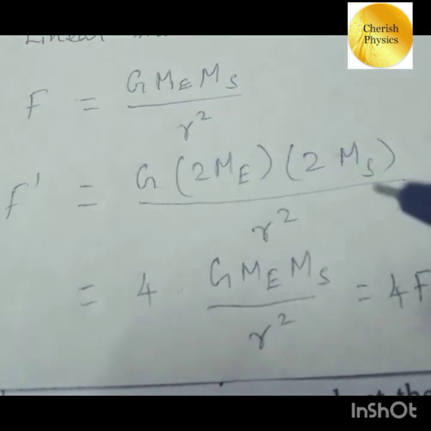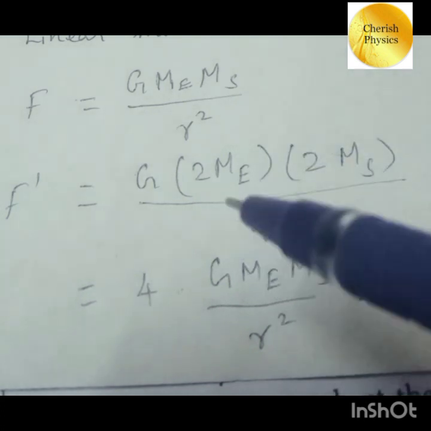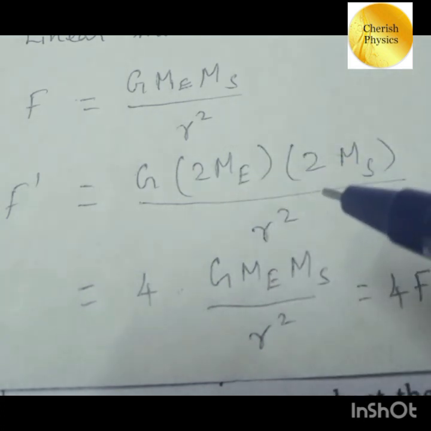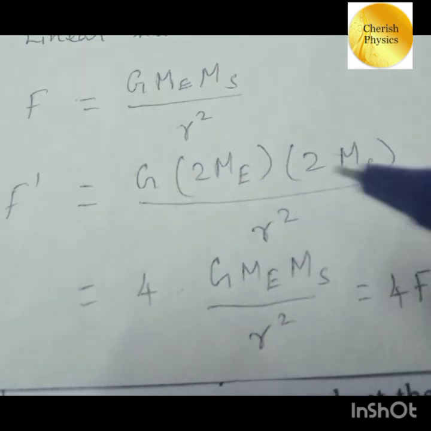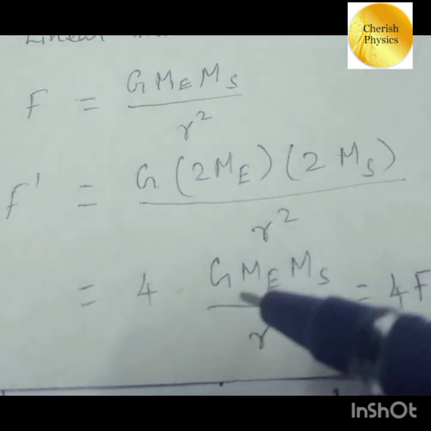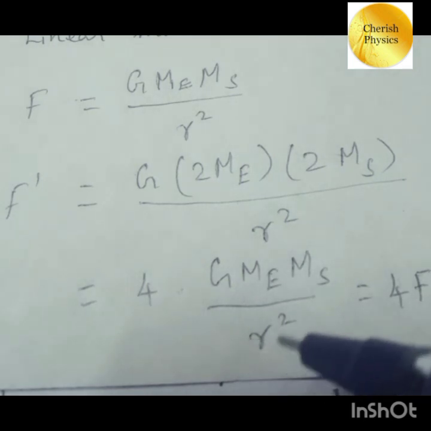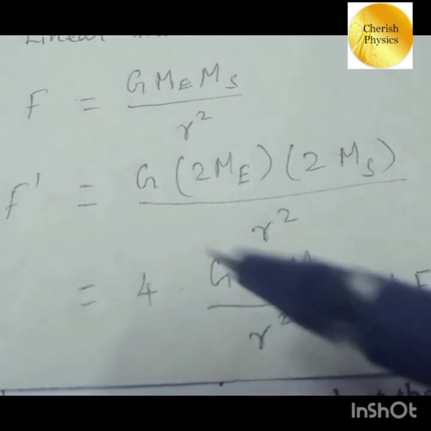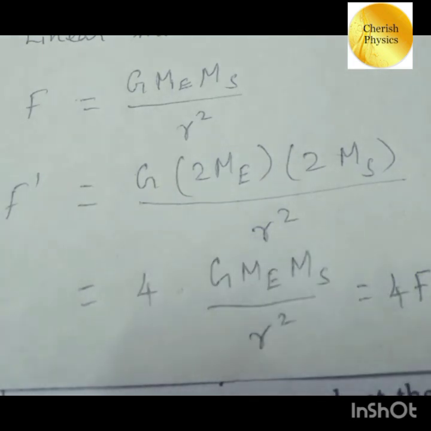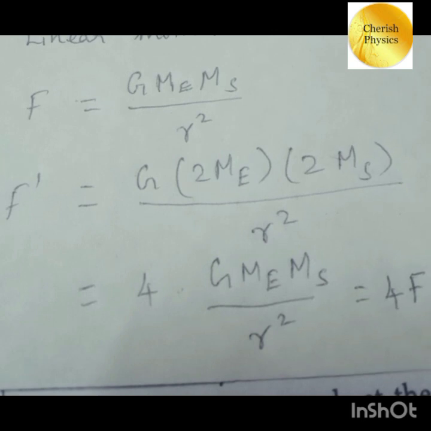In the given question, the mass of the earth is doubled and the mass of the sun is also doubled. So F dash equal to G into 2me into 2ms by r squared. So we get 4 into G me ms by r squared. So F dash equal to 4F. So the force increases by 4 times the original force.